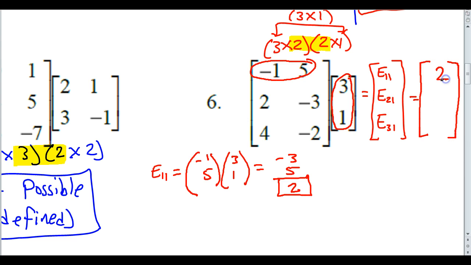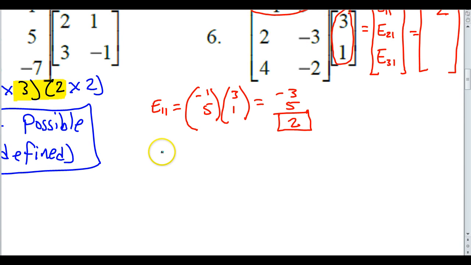So I've got 2 so far. Now I'm going to do element 2-1. Okay, so element 2-1, that's row 2, column 1. So this is row 2, column 1.